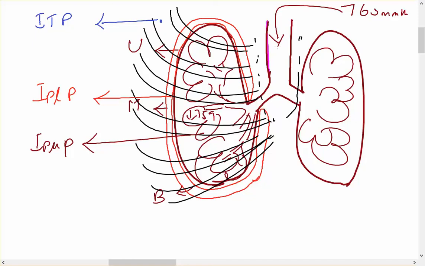Okay, then the stretching happens, then the recoiling happens. When the recoiling happens, the pressure increases because volume decreases. Okay, so what happens, they go to 761 and the air goes out, you understand?